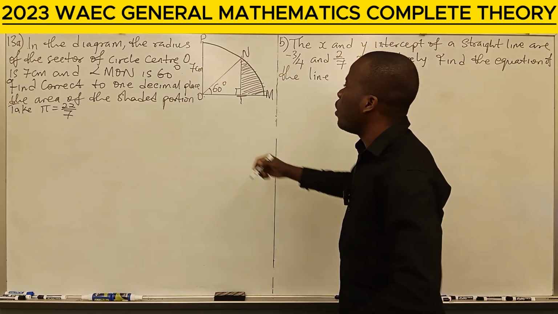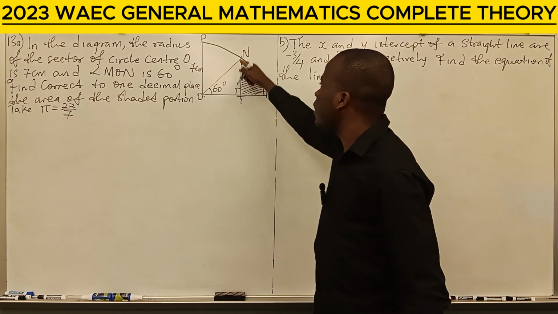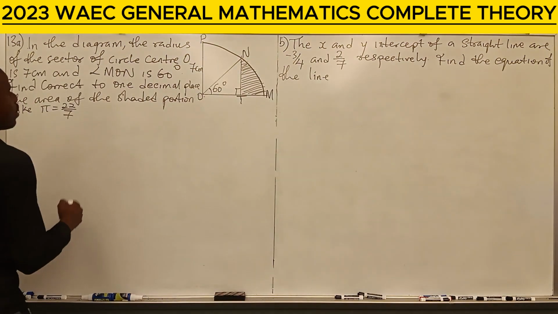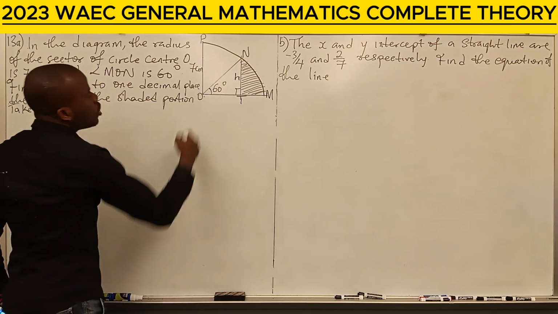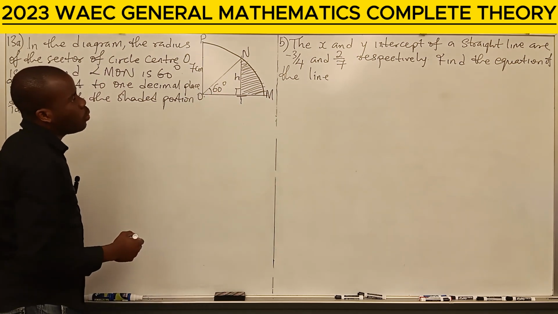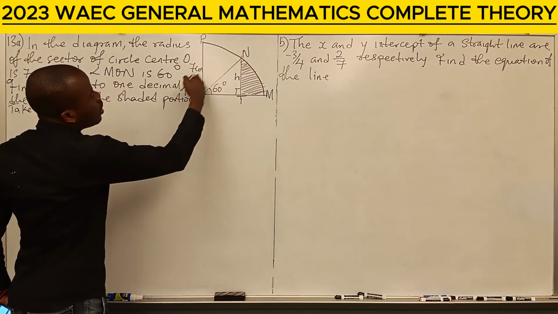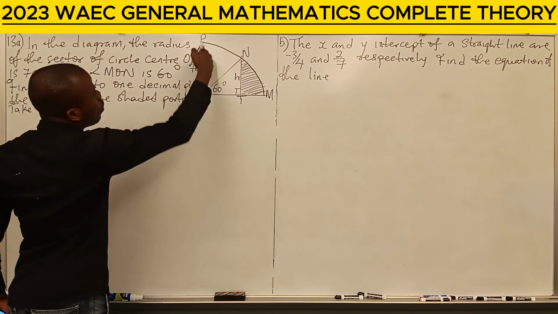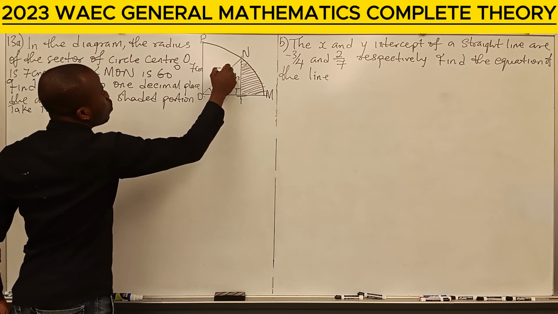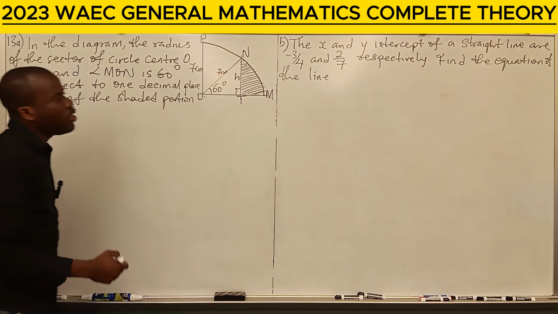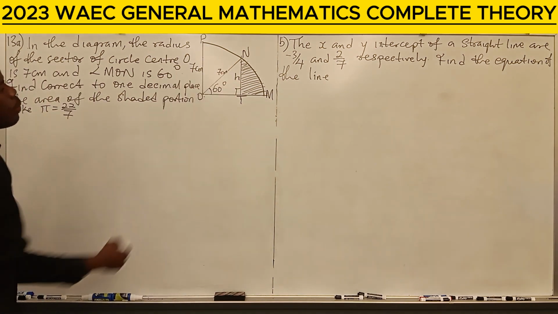So let's look for the height. For us to get the height, we'll use trigonometric ratios. Since here is 7 cm, of course, here is also 7 cm because it's the radius, and this is the sector. So here is 7 cm too. We use trigonometric ratios, which is opposite over hypotenuse.